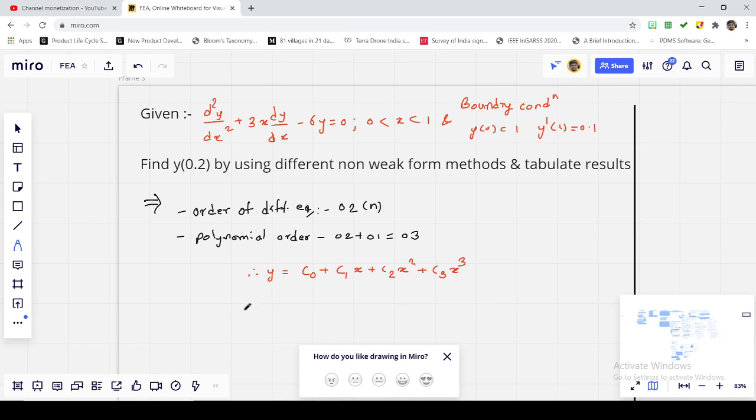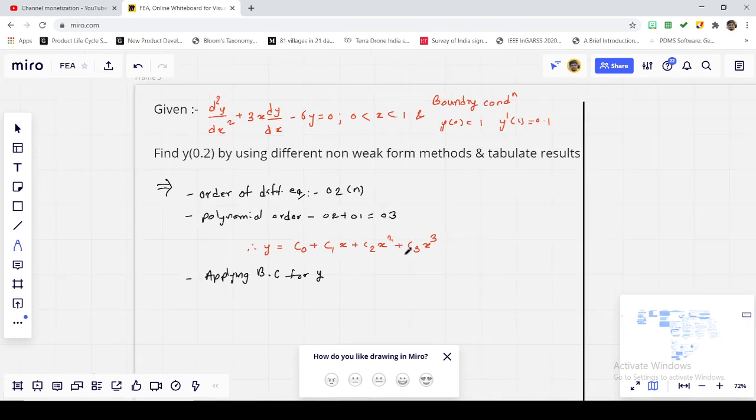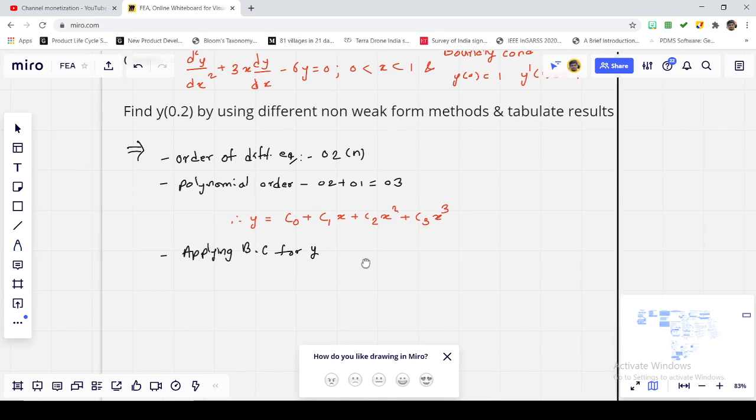Another condition for the polynomial is that it should always follow the boundary conditions. So you will be applying the given boundary conditions for y. Whatever polynomial you assume, it should follow the boundary conditions, so we will apply these boundary conditions on our polynomial.